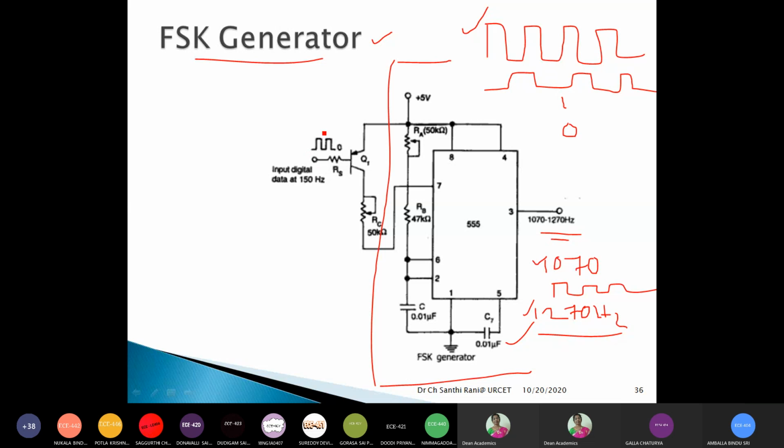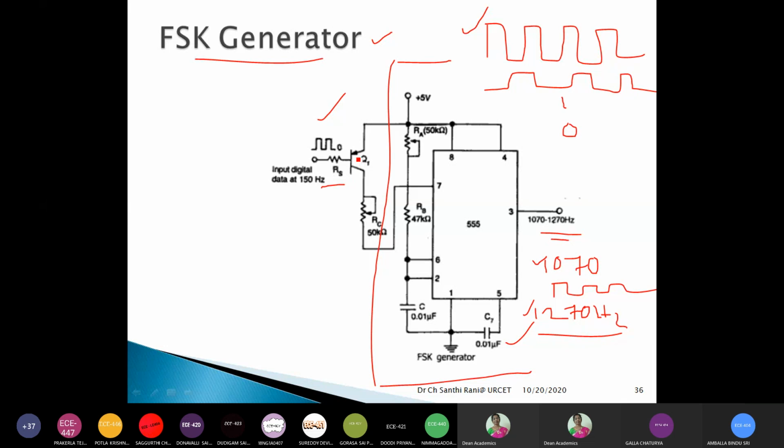In addition to that, if we add two components, one transistor with some internal resistance, and one more resistor RC, it is possible to generate two frequencies. How is it possible? Just observe. When the input is low, the transistor will be forward biased.